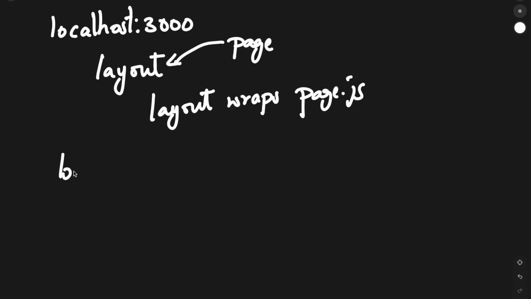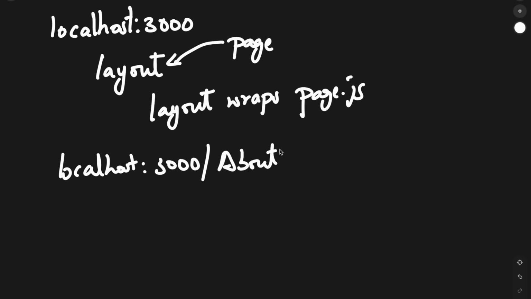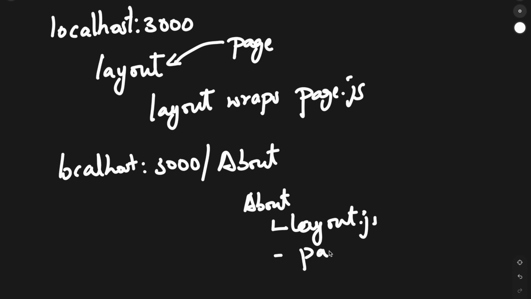And if you need to make a customized route, so you need localhost 3000/about, you create an about folder and create a layout.js and a page.js inside the about folder that gives the layout and content for the about route.